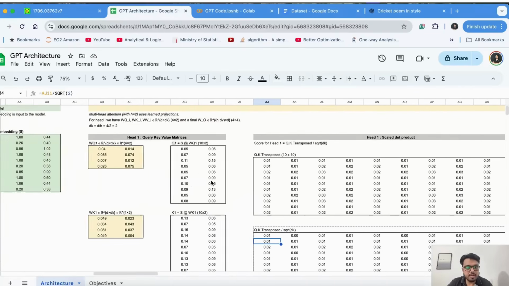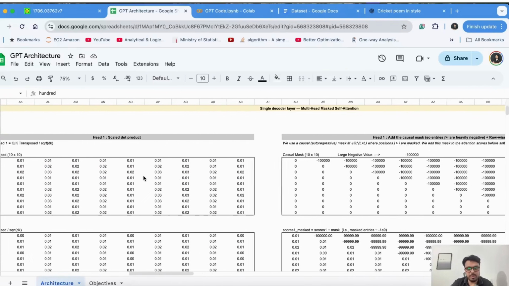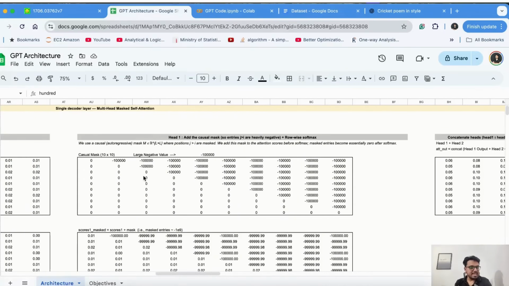So for example, word 1 will not take into consideration how it interacts with words that come later in the sequence, but probably word 100 will take into consideration all the words that come prior to it and will ignore all the words that come after it. Now to enable this behavior mathematically, we implement a causal mask.